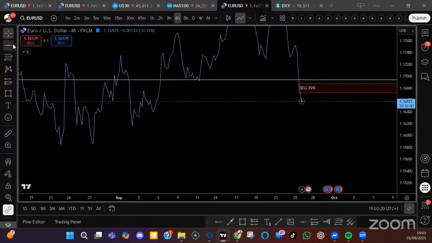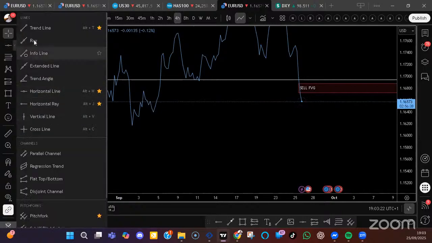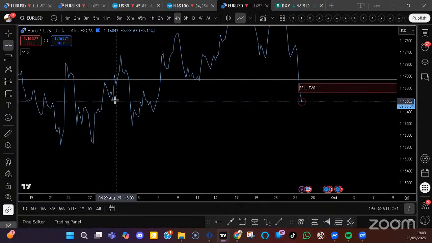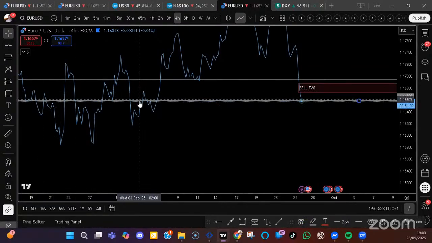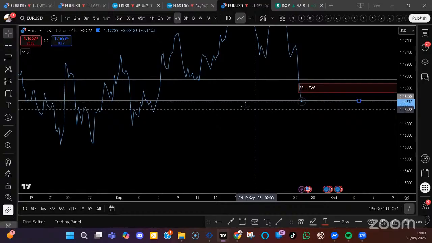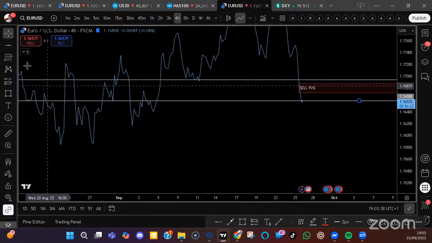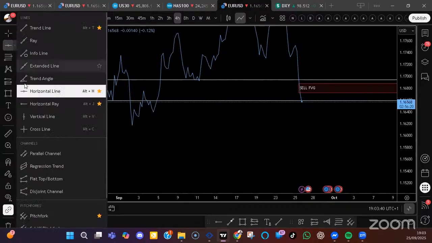Yeah, just where price is now. It reacted off that area there, and it also reacted off that area there, and that's where price is right now. And going down to there as well. So very close, really. So we'll do that.